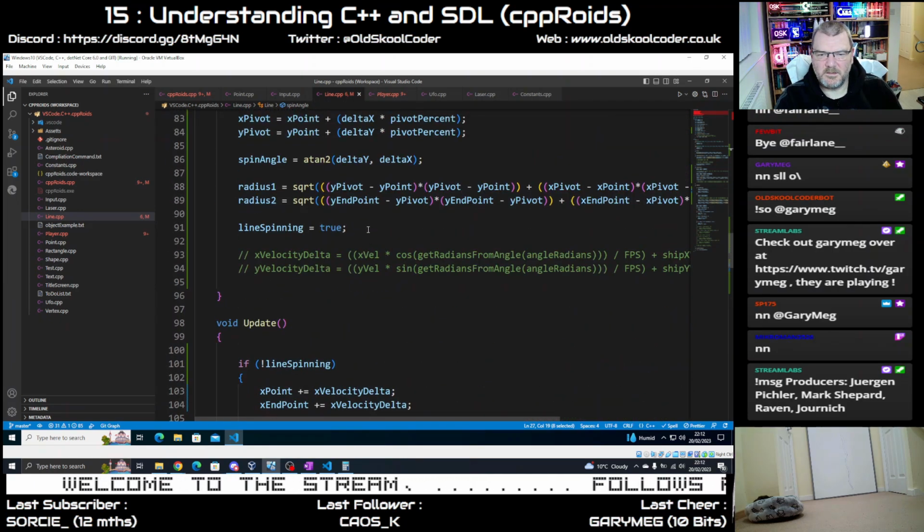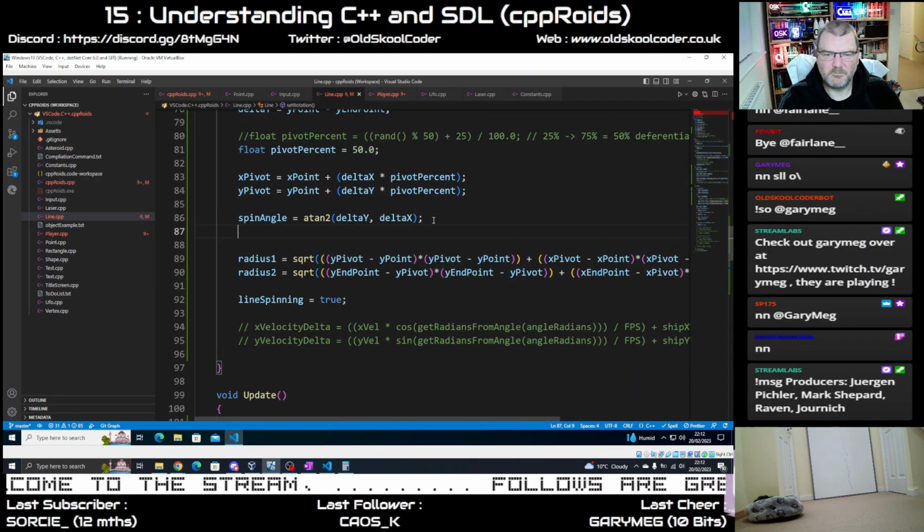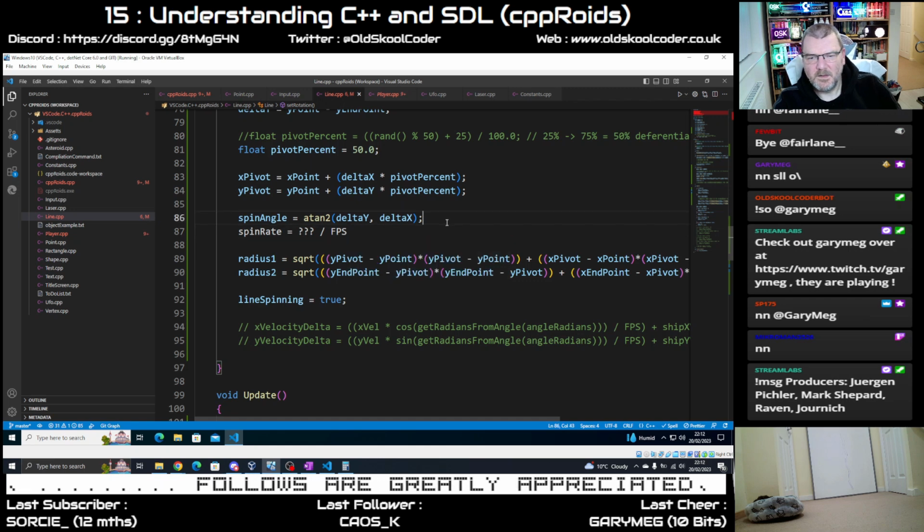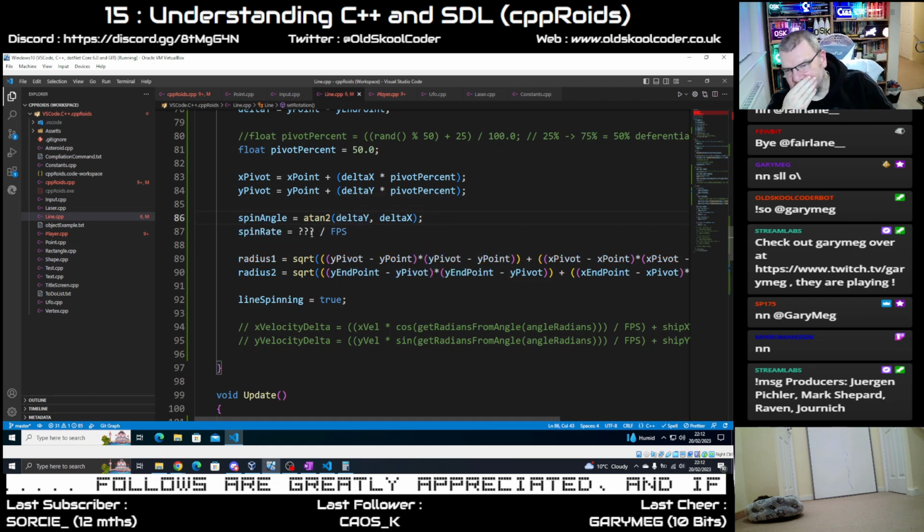Okay, spin rate equals something divided by FPS. So what should our spin rate be? Five degrees a second.